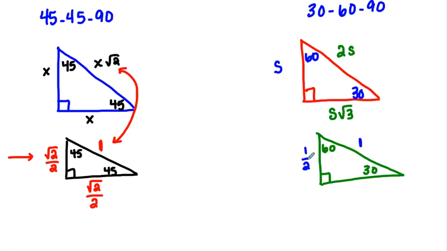Then the long leg would be 1/2 times root 3, which we simplify and write as root 3 over 2. So in any 30-60-90 triangle with a hypotenuse of 1, the values that come up are 1/2, root 3 over 2, and 1.